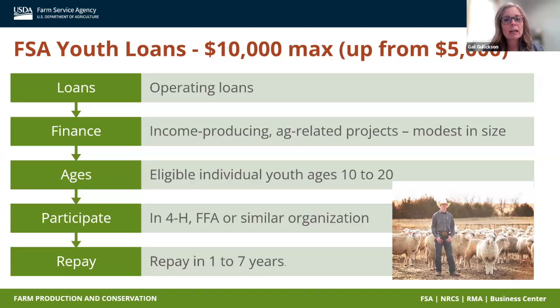It's just another adult mentor to be helping the youth. And then we ask them to sign on to the application with us because we're trying to do it through youth ag organizations like that and have an ag related income producing project. Okay, thank you. You're welcome. Good question.